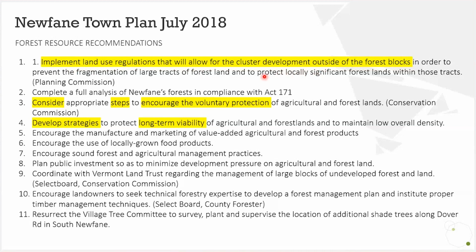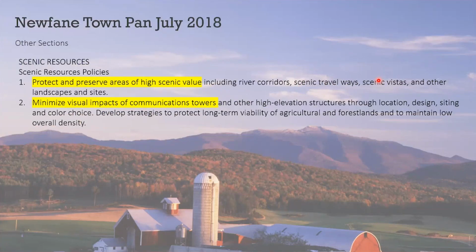And in this case, they want to allow for cluster development outside of the forest blocks. Lastly, I just wanted to bring up that it's not just the natural resource section. There are two policies here in the scenic resource sections that are relevant. And so I want to make sure that we include information like this in several different parts of the town plan.